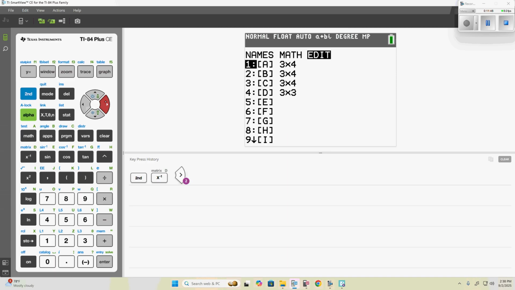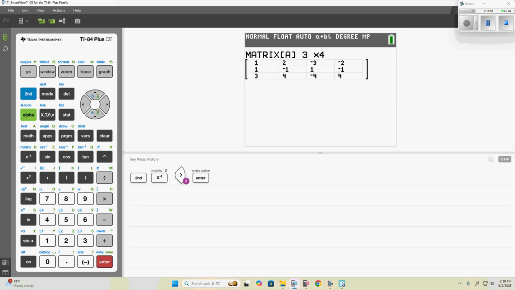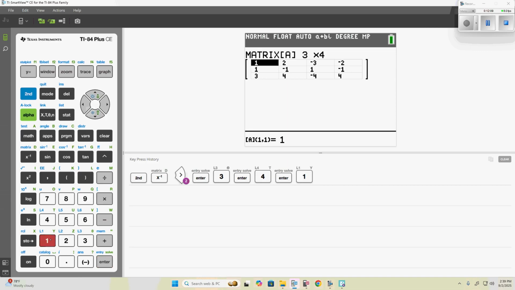We're going to hit enter because we're going to edit matrix A. Now we said matrix A is a 3 by 4, yes? So in the top spot, we're going to put 3 and 4. It's already been put in for us. That's telling the dimensions. Now we're going to type this matrix in.